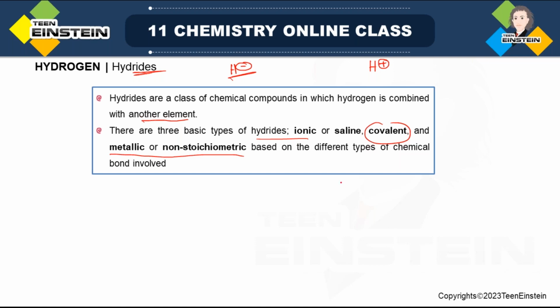It is basically based on different types of chemical bonds. What is the nature of the chemical bond between hydrogen and the other element with which we have this hydride compound? Depending on the nature of that bond, we have these three classes of hydrides. But remember, hydride means hydrogen carries negative charge.